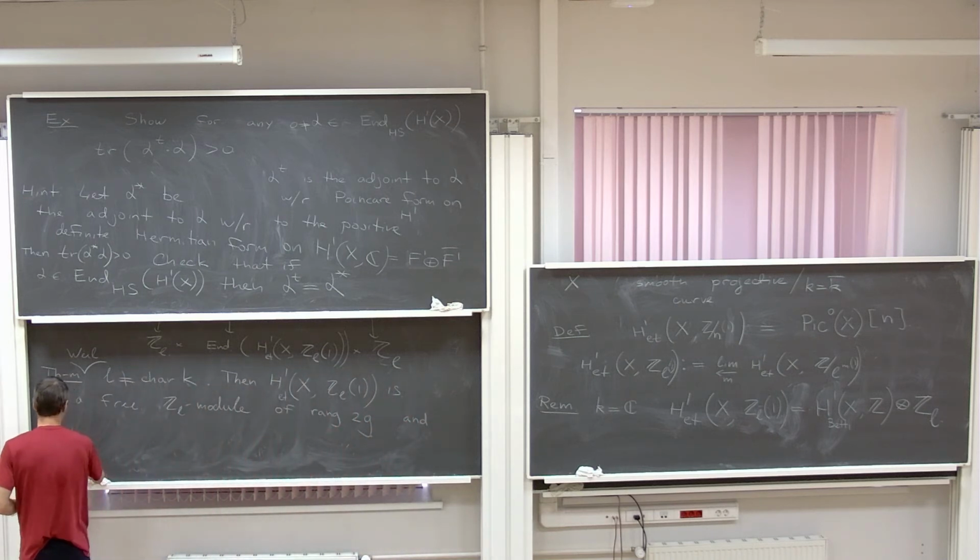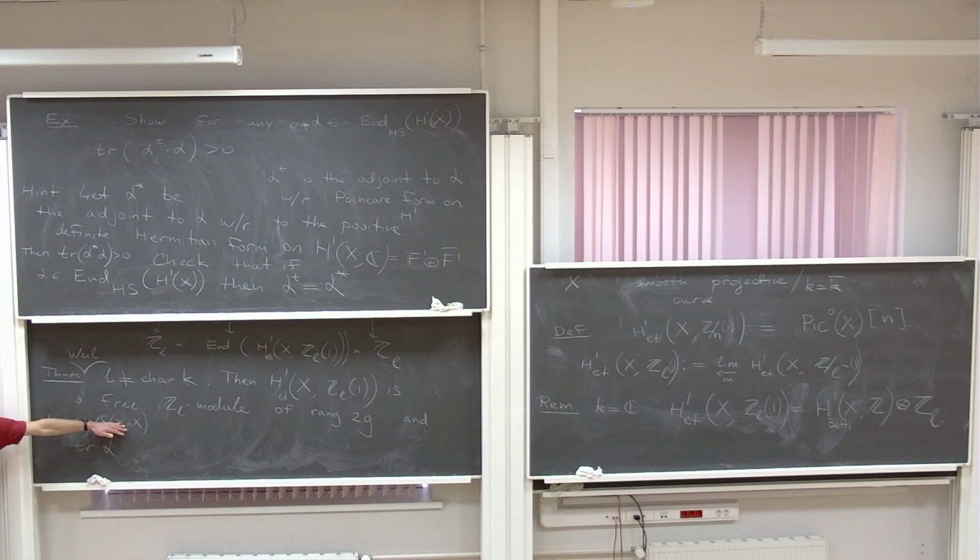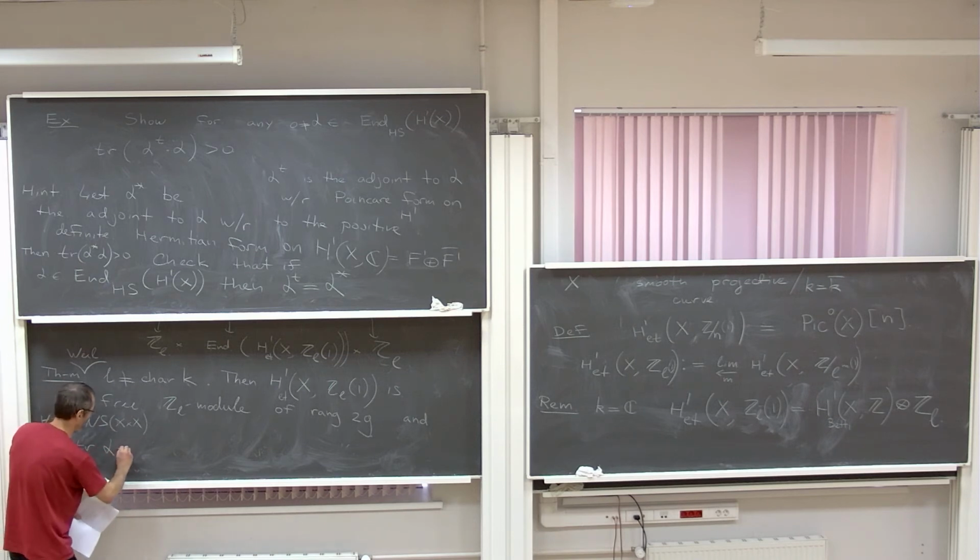For every alpha in the Néron-Severi group of X times X, the trace of alpha, and remember that the trace of alpha is the intersection of the cycle with the diagonal, is computed by the Lefschetz formula.